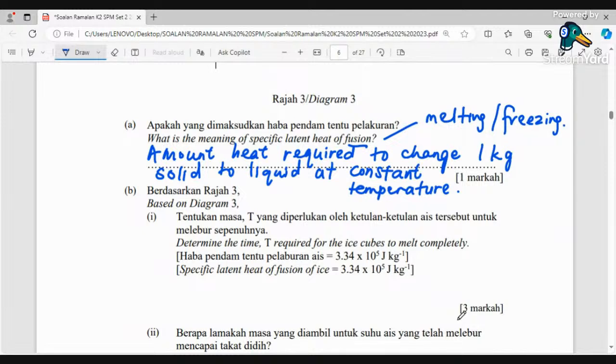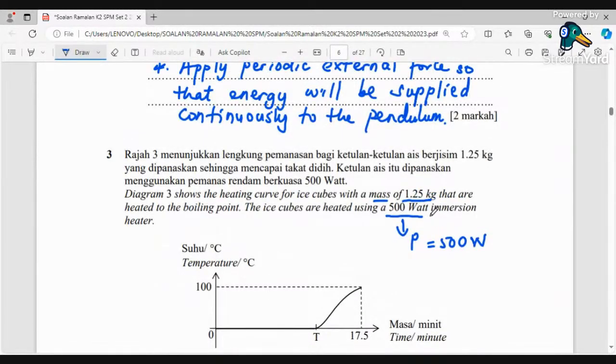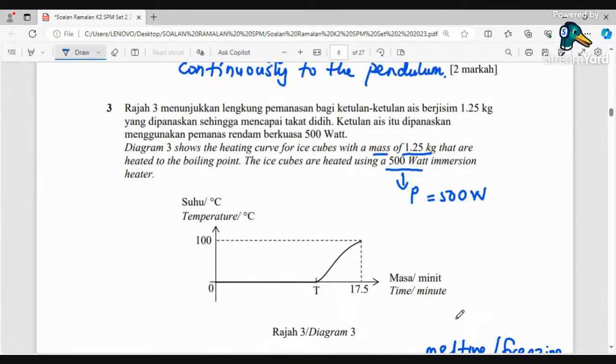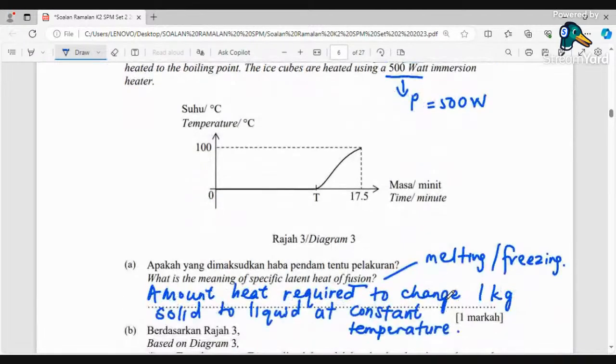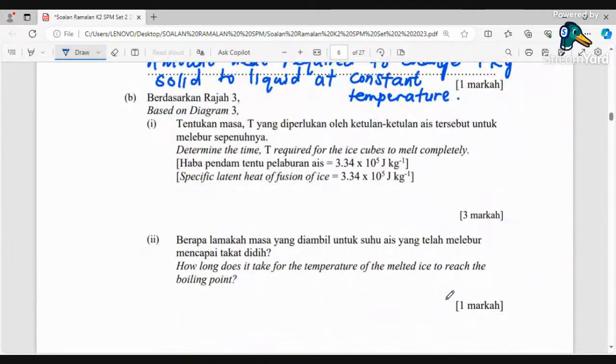Okay, B1, determine the time T required for ice cube to melt completely. Okay, melt completely tadi, mass dia berapa? 1.25 kg. Okay, melt completely means all change to liquid. Okay, 3 markah. Formula apa nak guna?